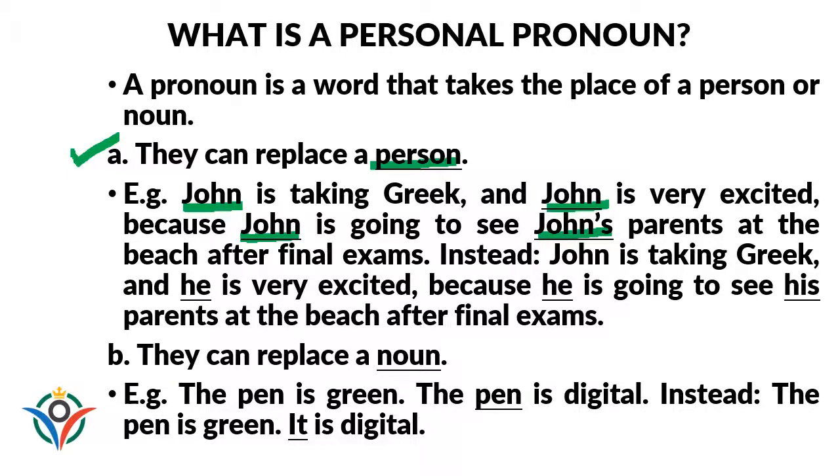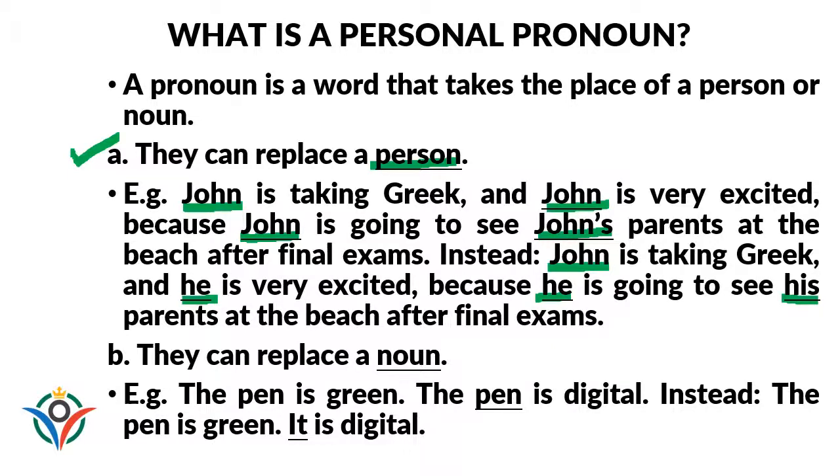So instead, we could write, John is taking Greek, and he is very excited because he is going to see his parents at the beach after final exams. So instead of repeating the subject John, we can replace his name with personal pronouns.